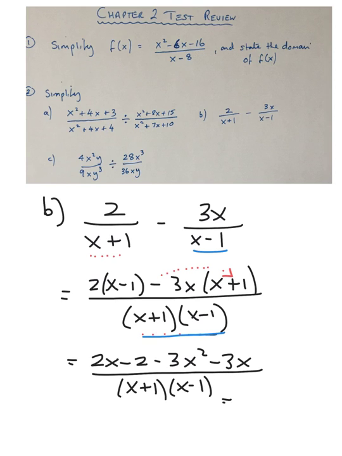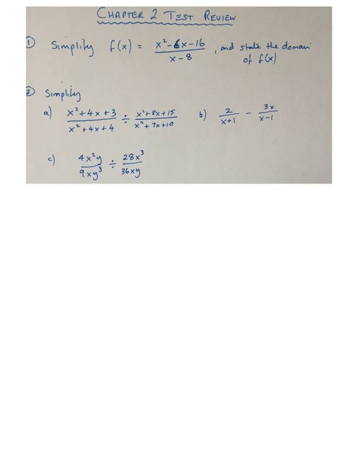So it's negative 3x squared, and of course we put it in order, and we've got 2x minus 3x, and that's going to be negative x, and there's negative 2 on its own, over x plus 1, x minus 1. And that's it, finished. That's the final answer.